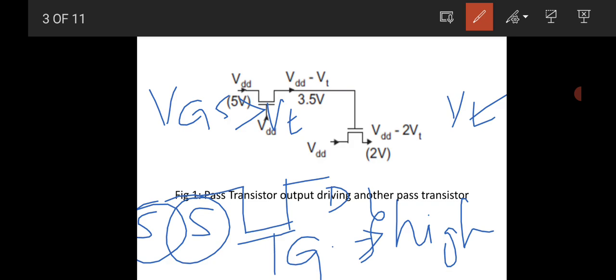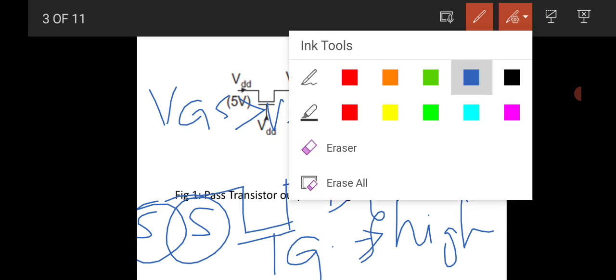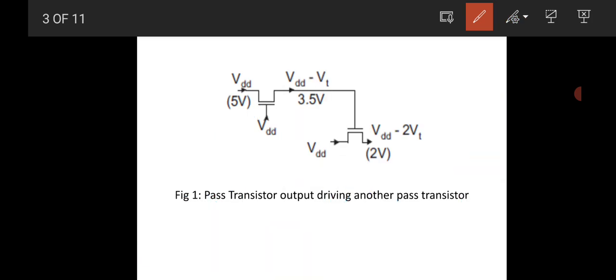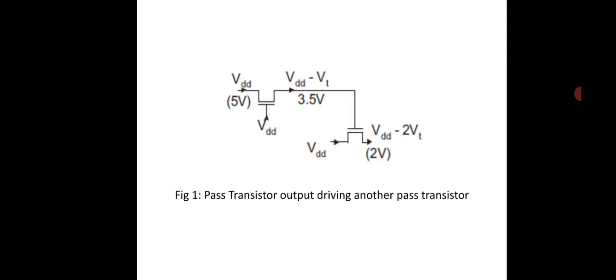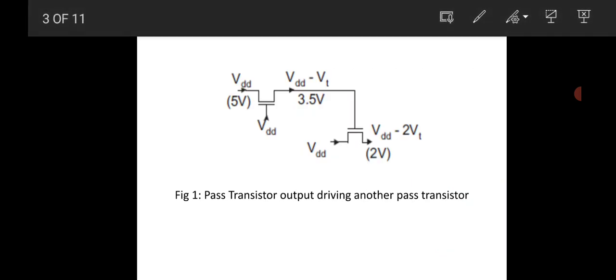If the source voltage exceeds that, the gate voltage is less than the source voltage, and the NMOS transistor is going to be in the off condition. So in this consideration, the output of the pass transistor is only VDD minus VT, and that voltage can be supplied as an input for the second transistor.